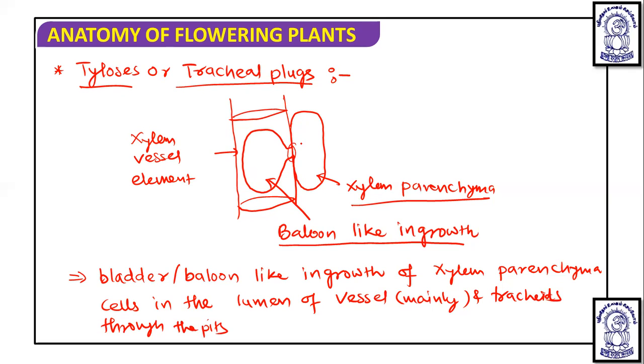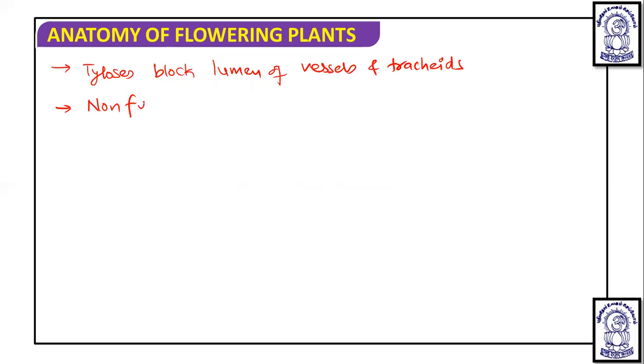So what happens? This tylosis blocks the lumen of vessels and tracheids, and due to this blockage, they become non-functional for transport of water and minerals.